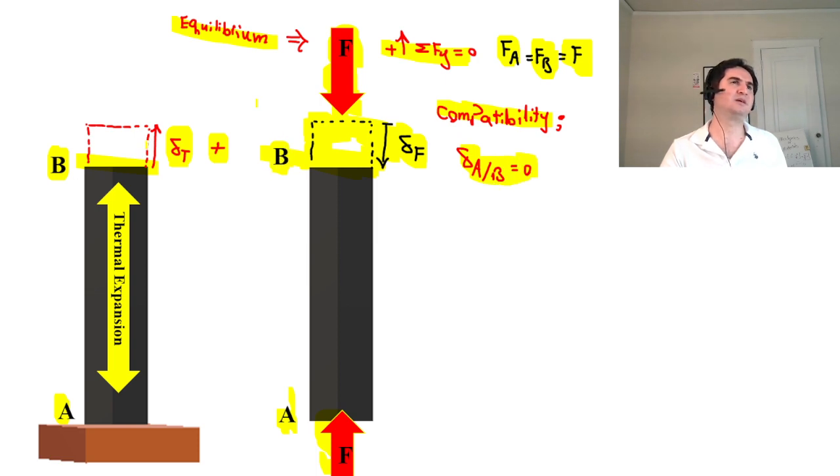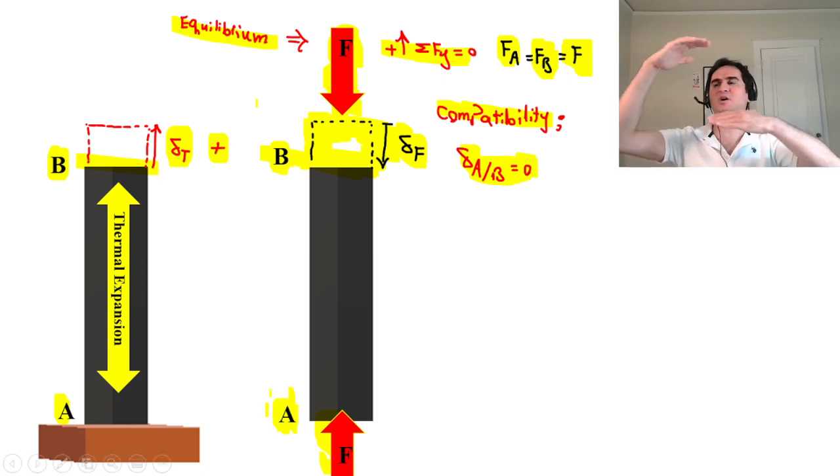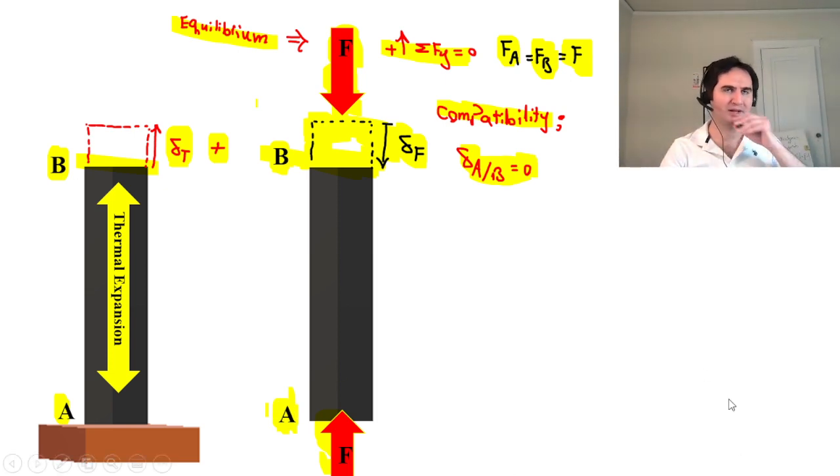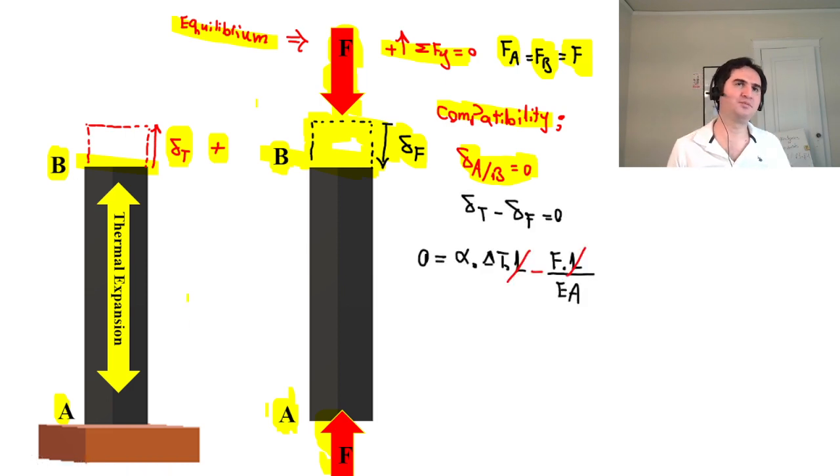B in reality goes nowhere with respect to A because both ends are fixed. In the language of math, that says the increase in length due to temperature minus the decrease due to the push of the support should be 0.